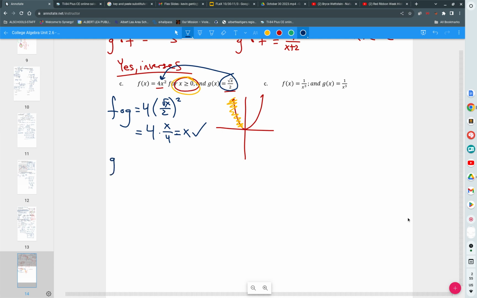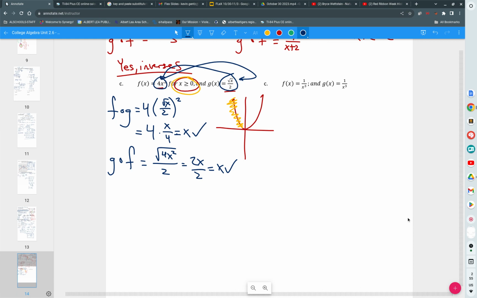I now have to compose g of f. So that means I take 4x squared and I drop it right in here. And I get the root of 4x squared all over 2. What is the root of 4x squared? 2x. I get 2x divided by 2 is x.